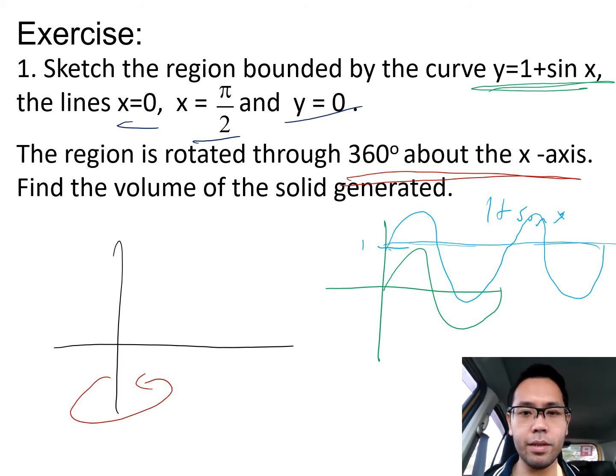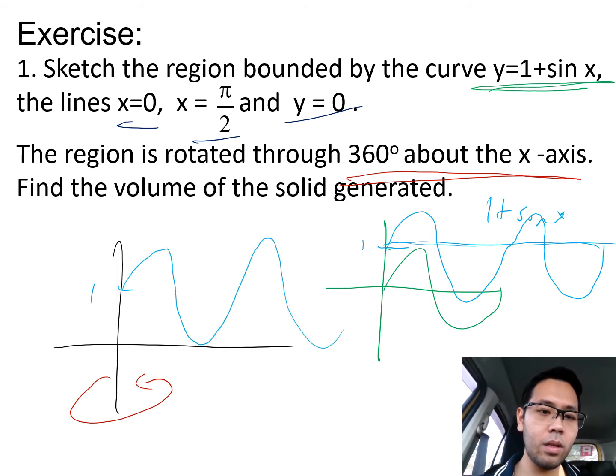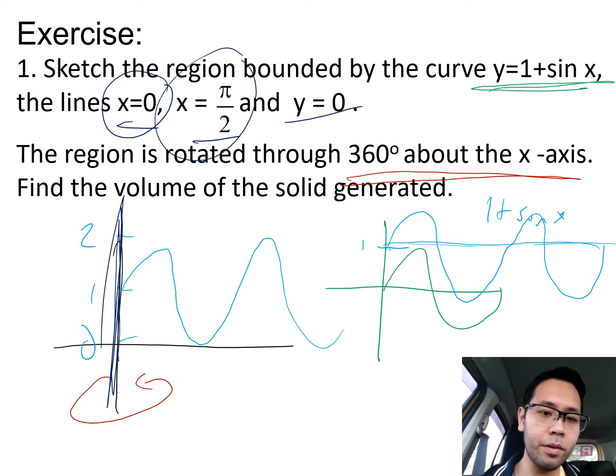That's how the graph looks, with the maximum as 2 and minimum as 0. x equals 0 is here. x equals pi over 2, I guess, is here.